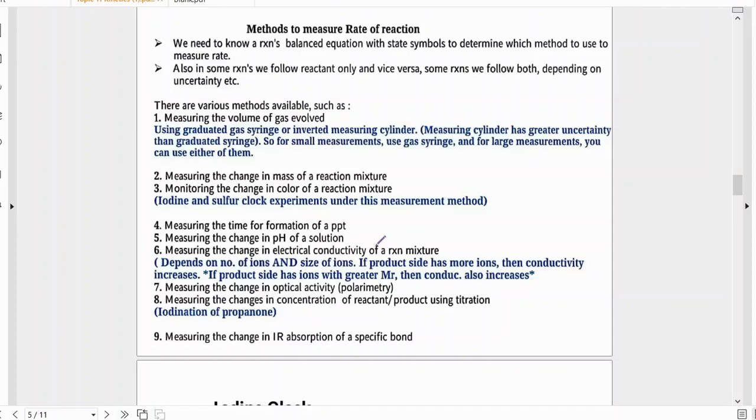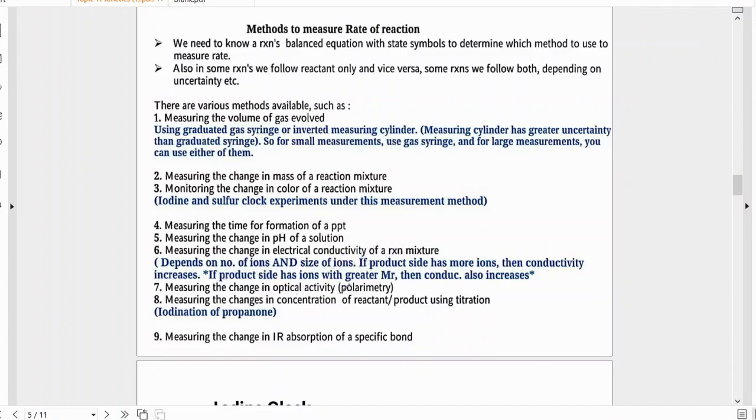So the number of ions on both sides of the equation is the same, but the sizes of the ions are not the same. The greater the Mr, the conductivity increases. So reactions of halogenoalkanes forming alcohols in SN1, SN2 mechanisms can also be kinetically investigated using the electrical conductivity method, using an electrical conductimeter.